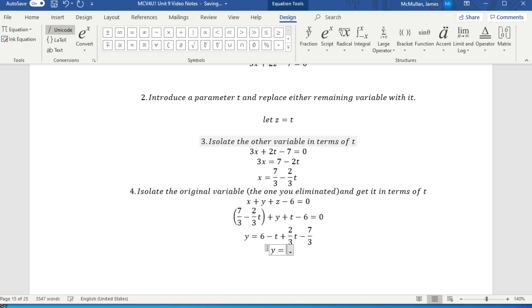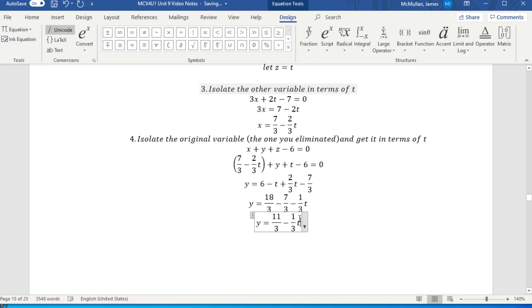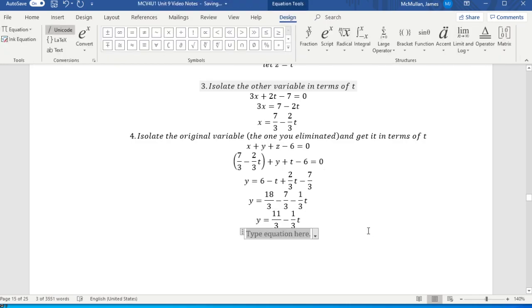So y is equal to, let's see, 6 would be 18/3 minus 7/3. And then we have negative t and positive 2/3 t, which is negative 1/3 t. So y is equal to 11/3 minus 1/3 t. Now, z equals t and x equals 7/3 minus 2/3 t.